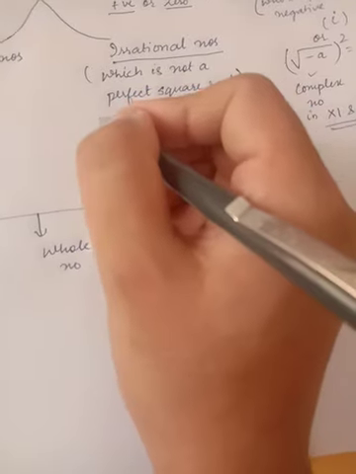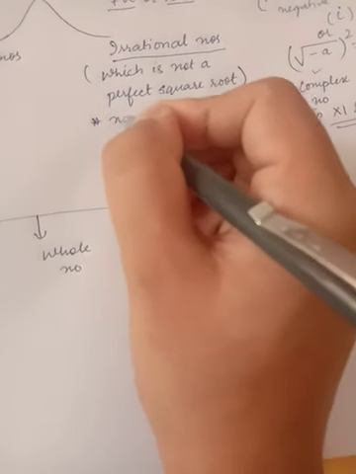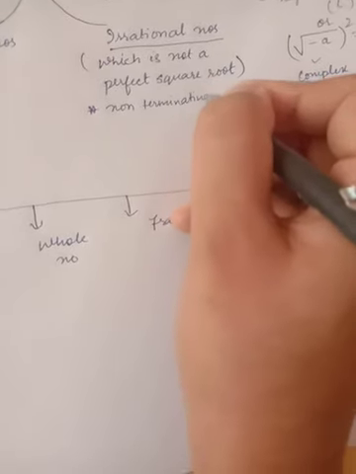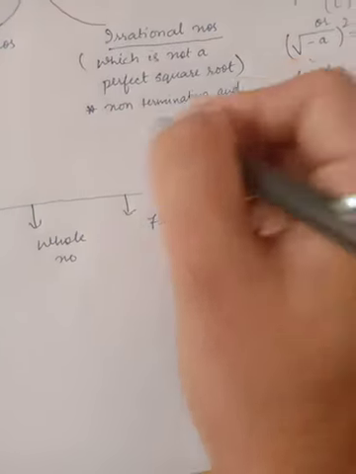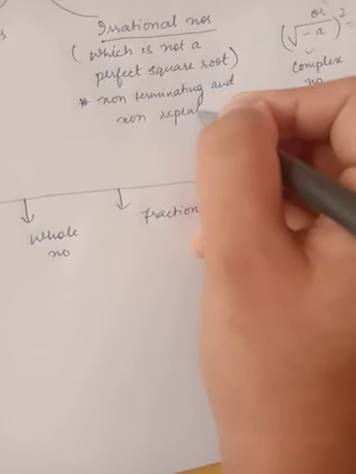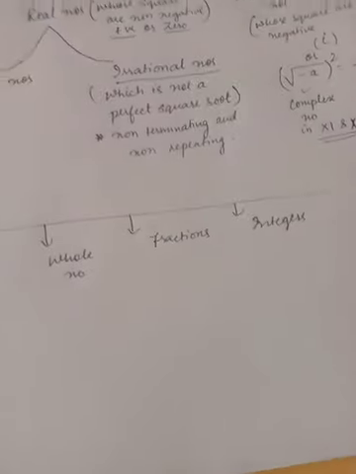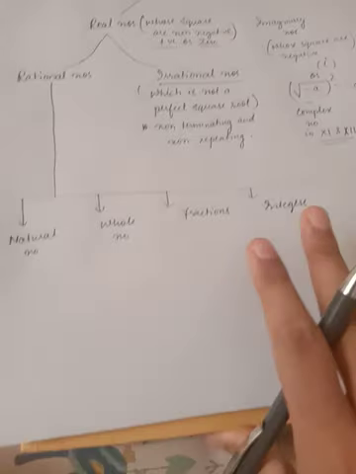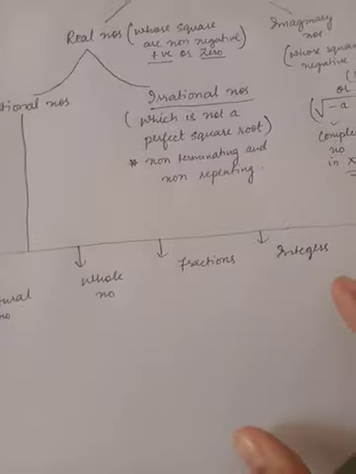It is generally non-terminating and non-repeating. So this is the form of irrational numbers.